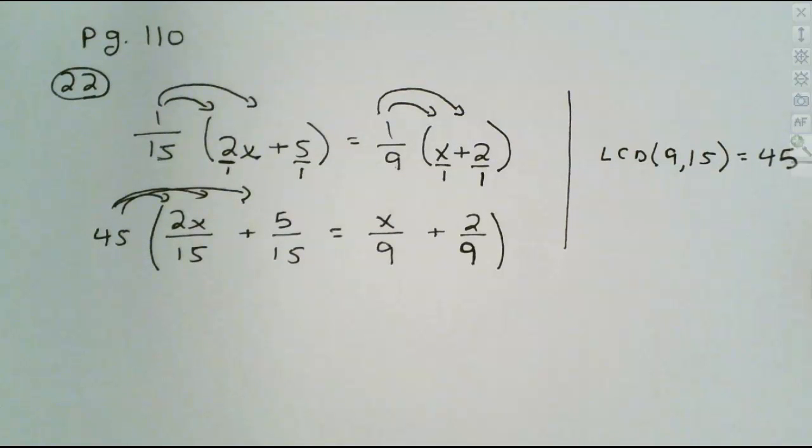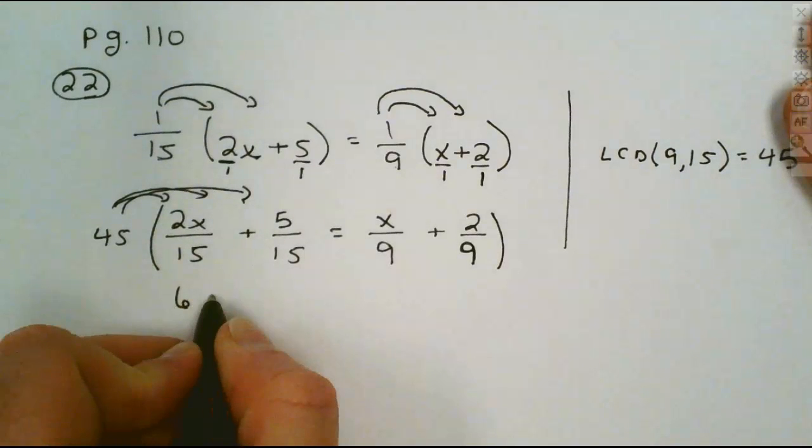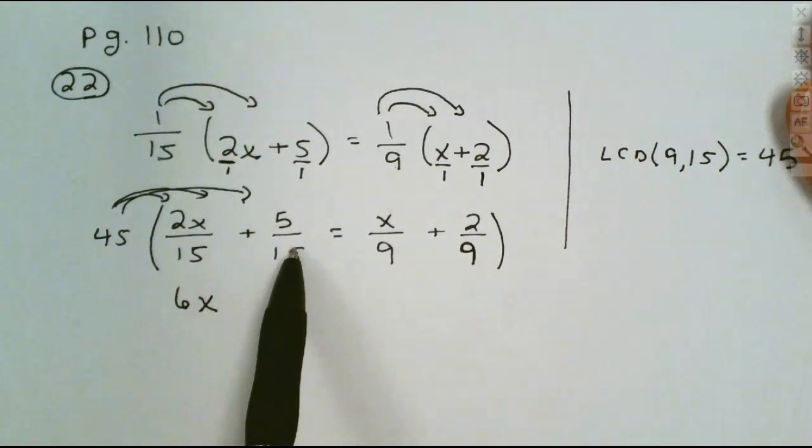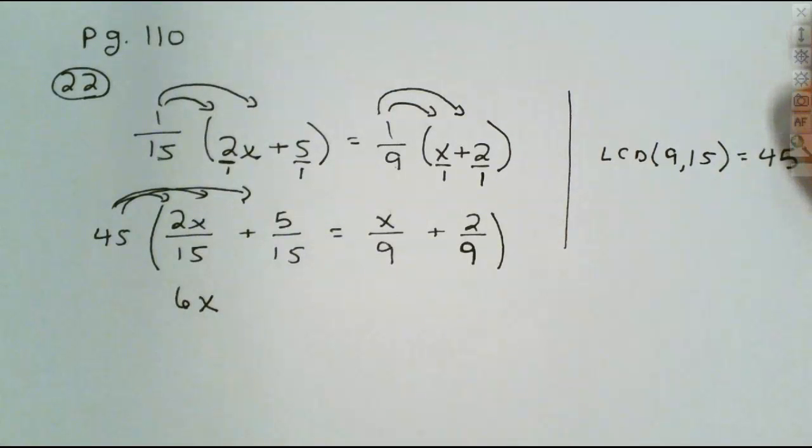Well, 45 divided by 15 is a 3, right? And 3 times 2 makes it a 6x. We could have, by the way, reduced this 5 over 15 down to a third, but we really don't need to because we're going to get rid of the fractions anyway.